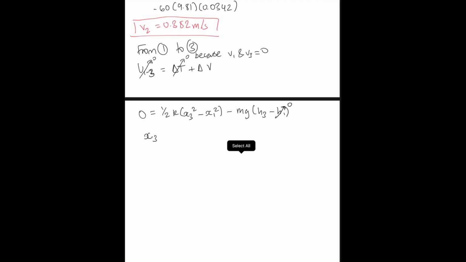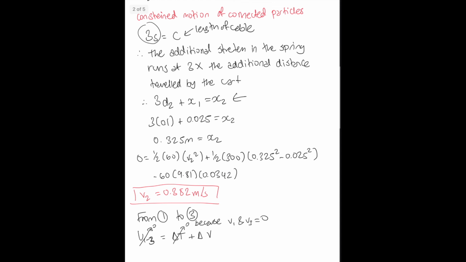If you want to find the stretched part of the spring at 3, it's going to be, as we figured out here, 3d3 plus x1.